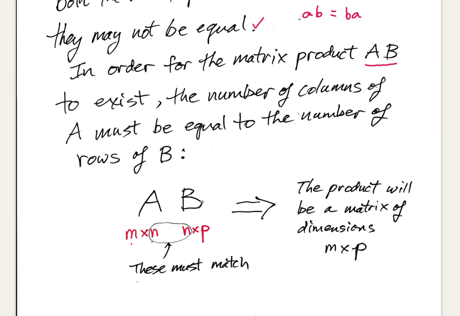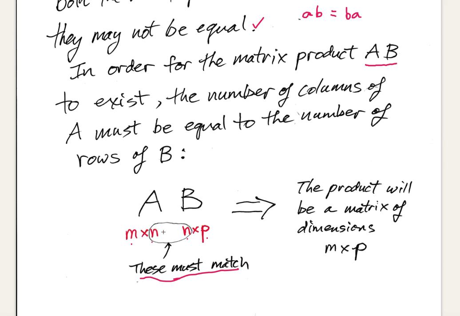And B over here on the right, let's say its dimensions are what? n rows and p columns. My point is these must match here. See what I've written here? These two, circled next to each other, must match, otherwise your product doesn't even exist.